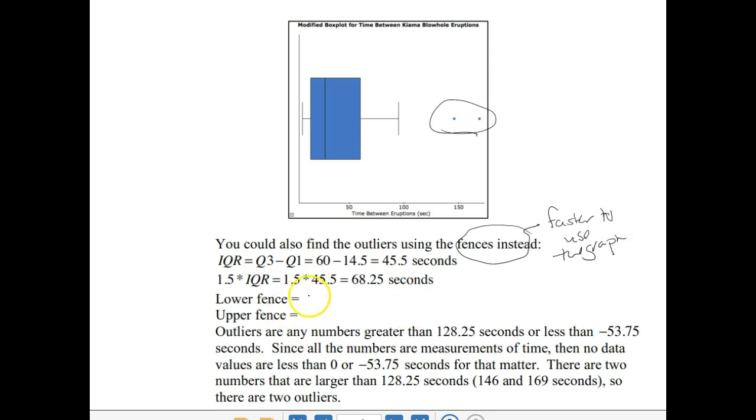So this lower fence, we take Q1 and subtract 1.5 times the IQR.